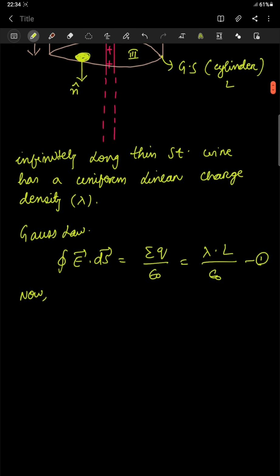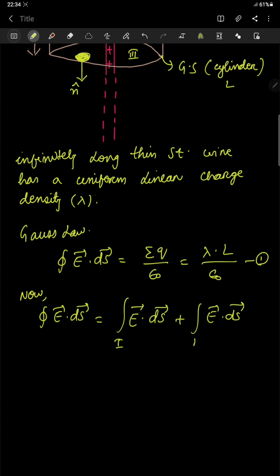Okay, now this integration E dot ds over the closed loop can be written into three parts. There will be integration E dot ds in the first region plus integration E dot ds in region 2 plus integration E dot ds in region 3. So these are the three regions.